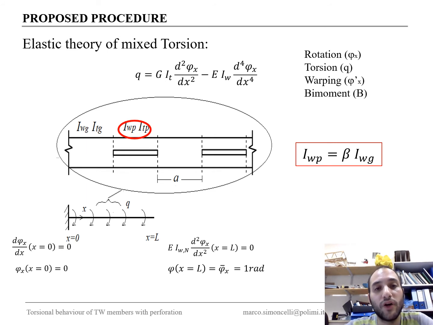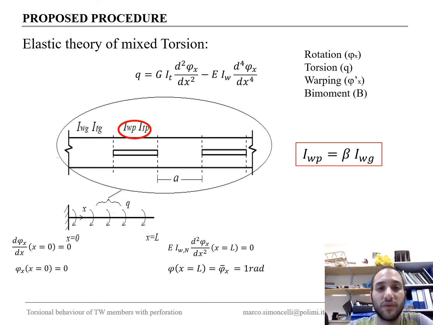This beam has the peculiarity of being created by different parts with a constant distance, perforated and unperforated parts. The relationship between perforated and unperforated part is that the warping constant of the perforated part is equal to beta times the warping constant of the gross.